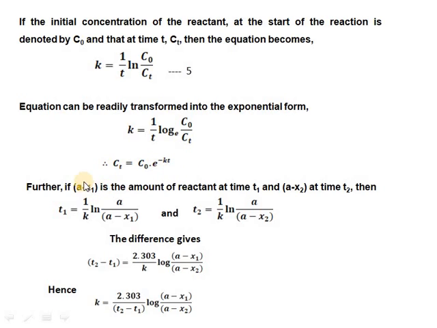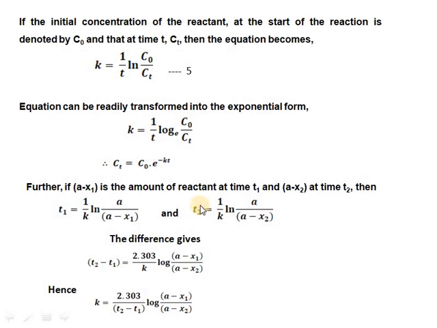If a minus x1 is the amount of reactant at time t1 and a minus x2 is the amount of reactant at time t2, then we can write t1 is equal to 1 upon k ln a upon (a minus x1).